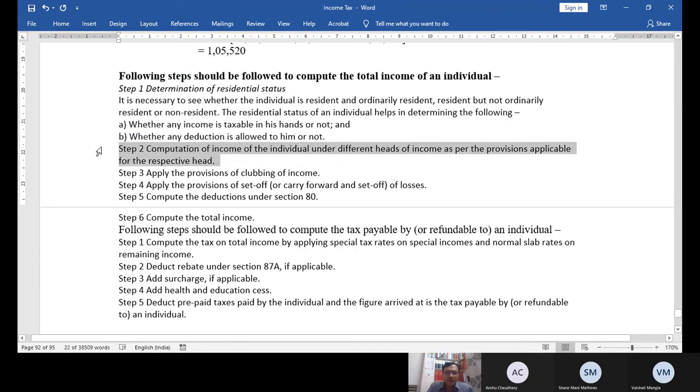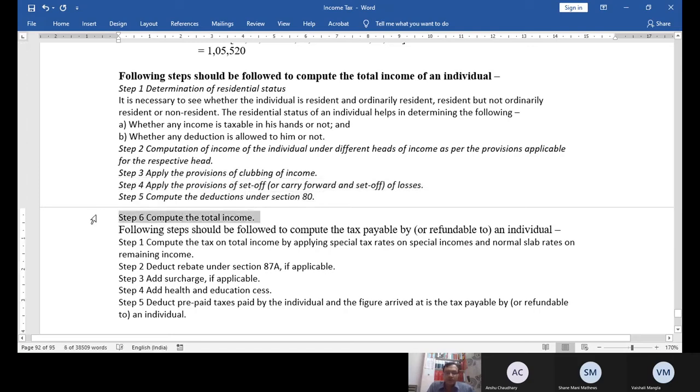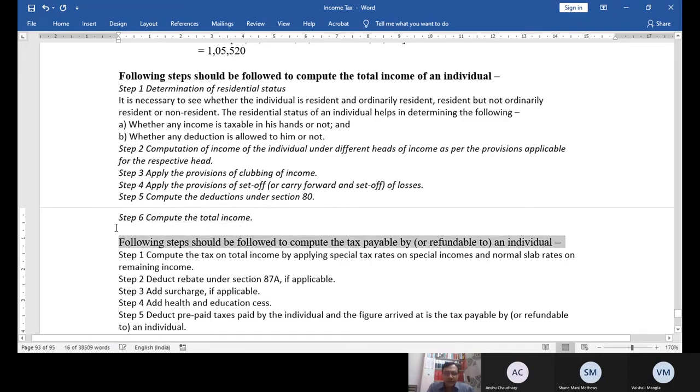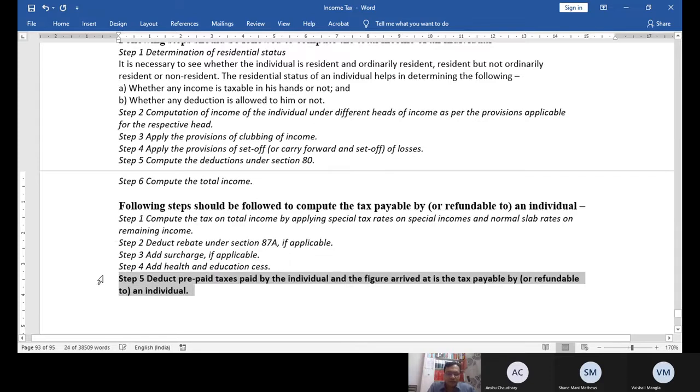Then you compute the income under different heads. Then you apply the provisions of clubbing, apply the provisions of set off, apply the deductions, then compute total income. This is the sequence. Then, while computing tax, compute the tax by applying special rate and normal rate. Give rebate, add surcharge, add health and education cess, deduct prepaid tax, and that will give you the final answer.